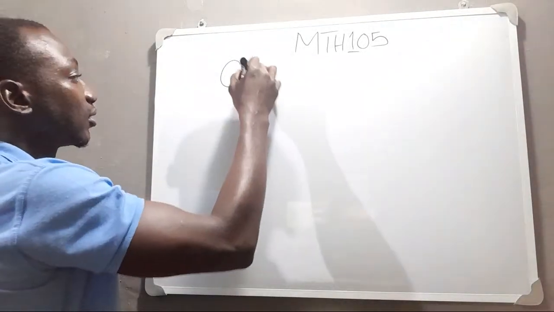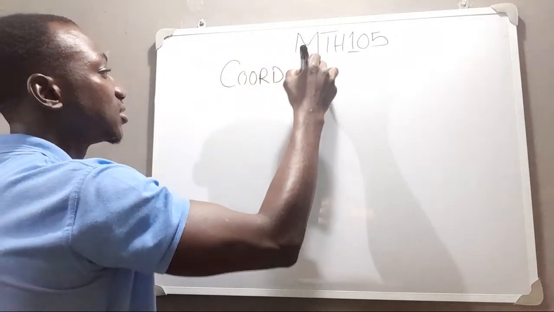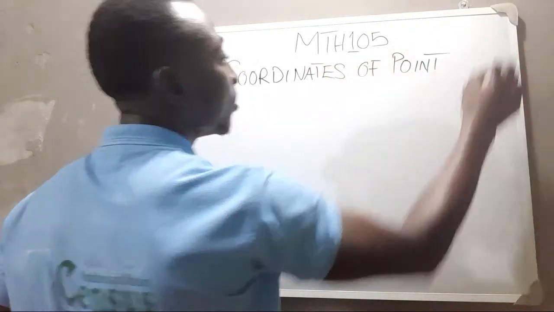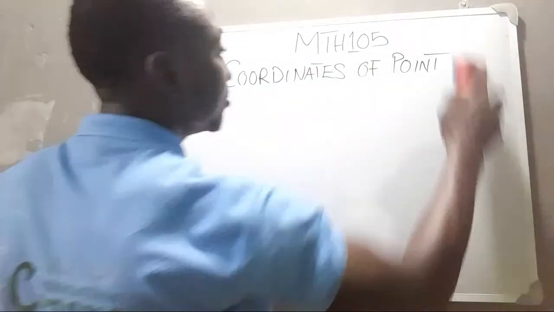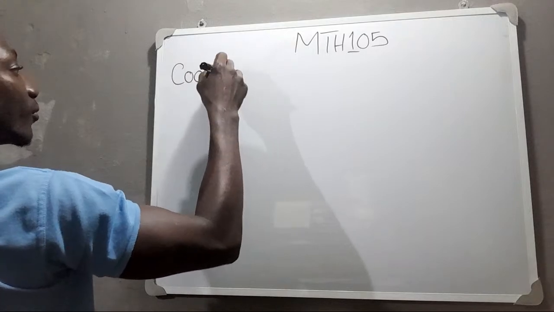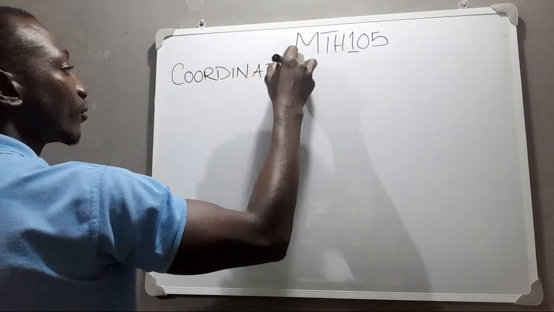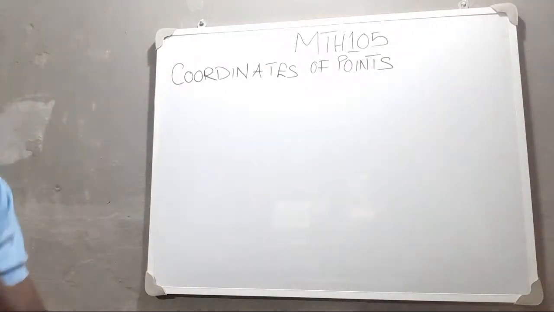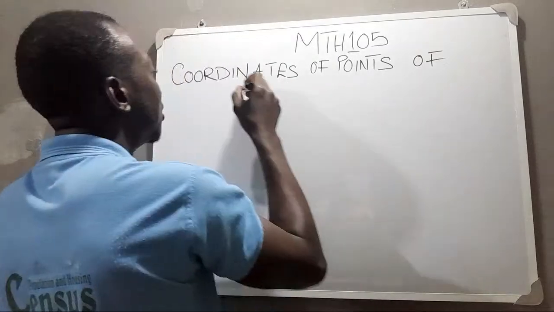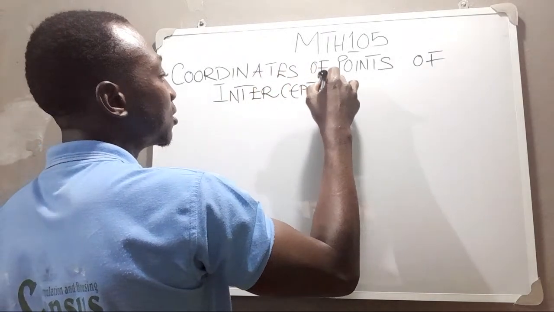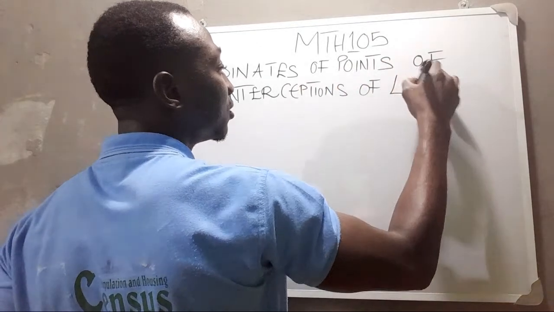Coordinates of points. Coordinates of points of interceptions of lines.